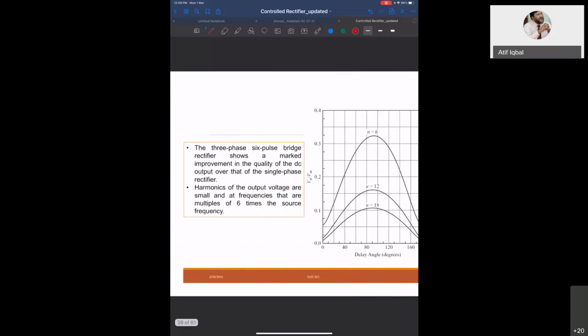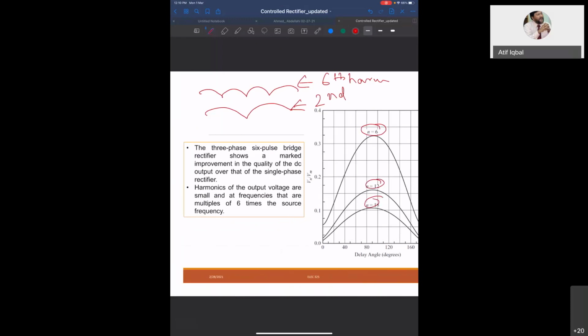Now, the 3-phase 6-pulse bridge rectifier shows a marked improvement in the quality of the DC output over that of the single-phase rectifier. Why? Because you have 6 pulses. In the single phase, you had only 2 pulses. So here the harmonic was second harmonic, most dominant. Here the most dominant is 6th harmonic. So you see n is equal to 6 is the first harmonic that is dominant.